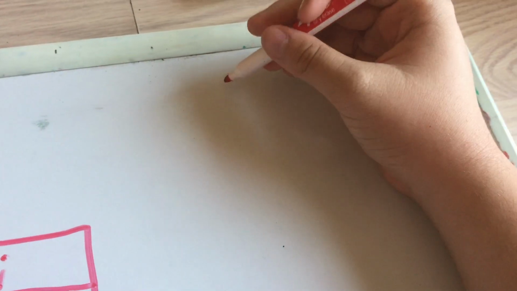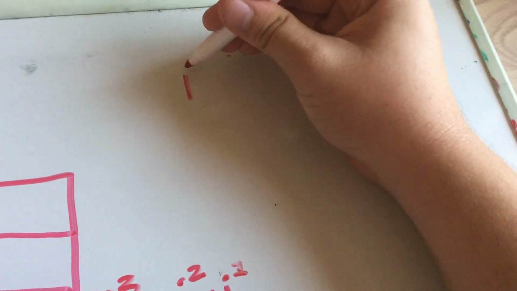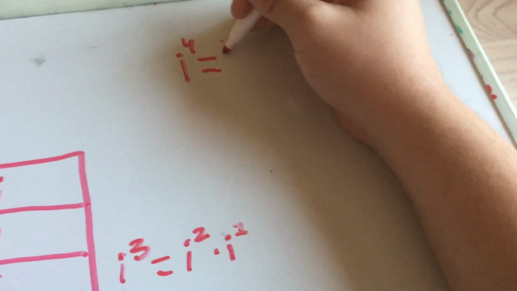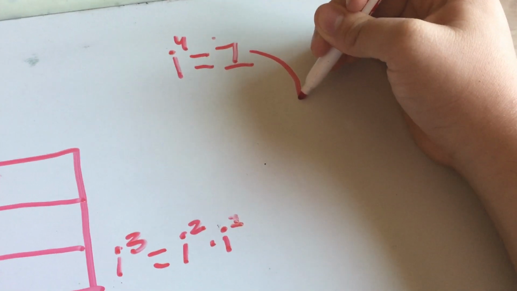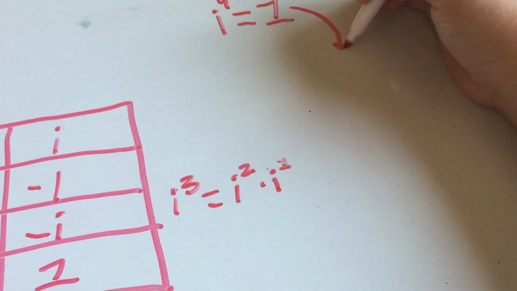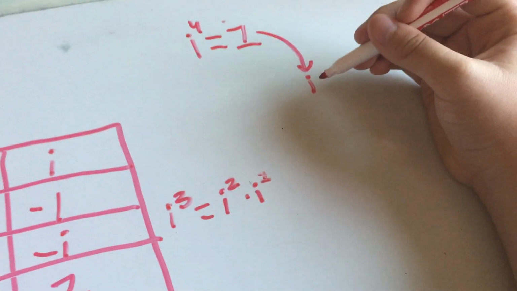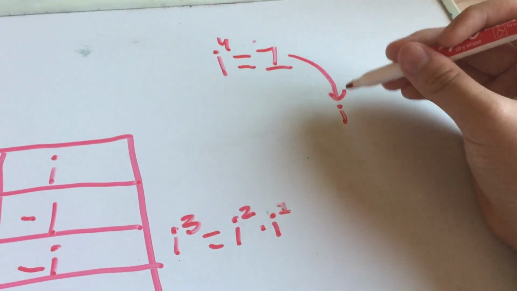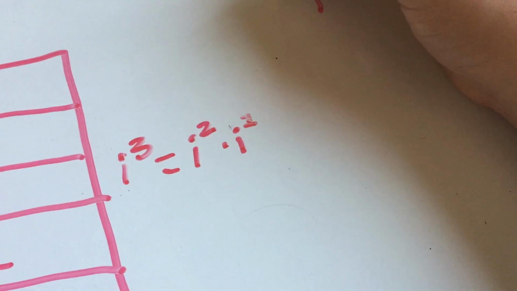So this is everything to summarize it. One, that's i as 1.